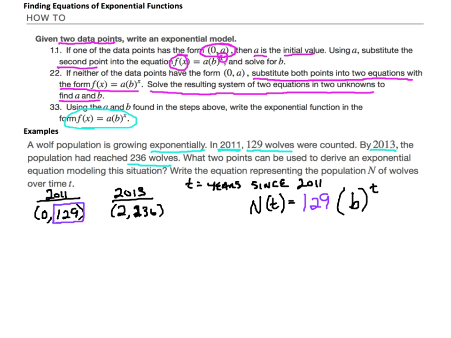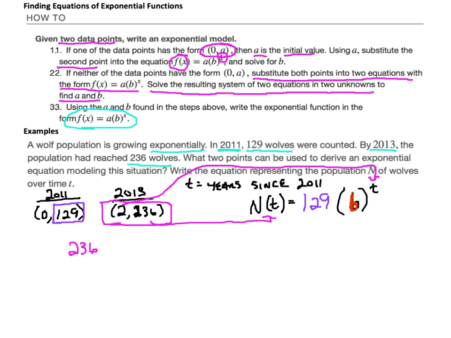So I already have information that I can plug in for t and n of t, and then I can use that to solve for b. So I'm going to plug in for t and n of t, and use that information to solve for b so that I can write my function.